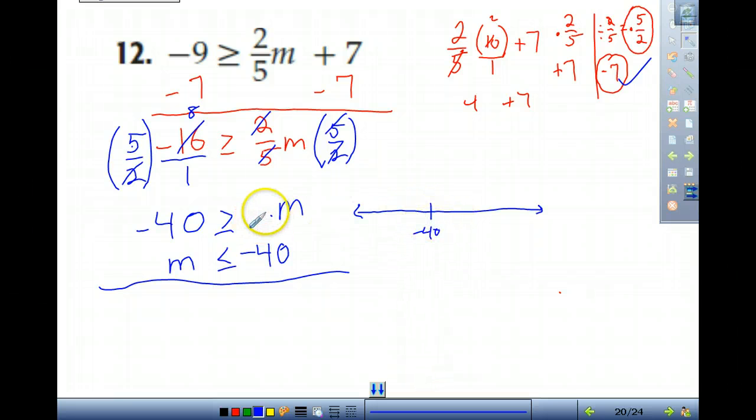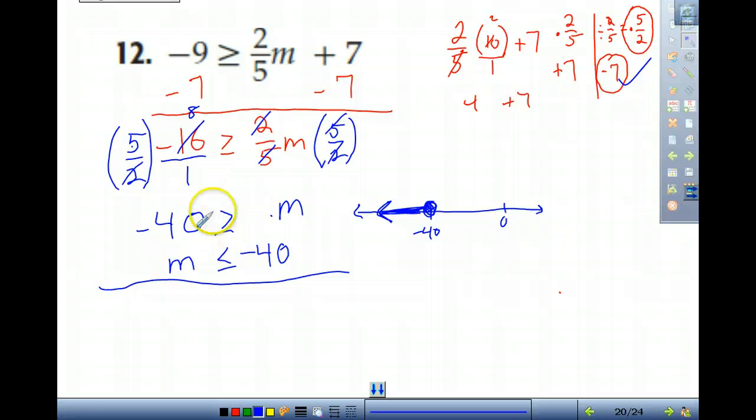Pick a number, make sure it's true. So is 0 an answer? Is negative 40 bigger than 0? No. So 0 is over here, right? And 0 is not an answer because negative 40 is not bigger than 0. So that's how you know it's going to be the other direction. Everything over here. So that's how you know which way it's pointing.